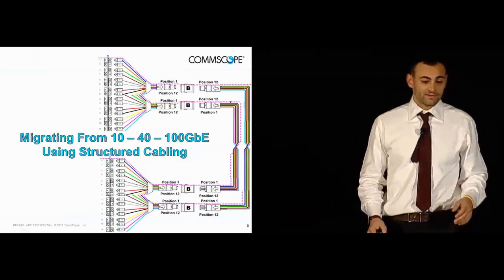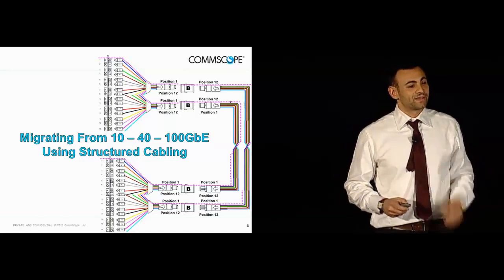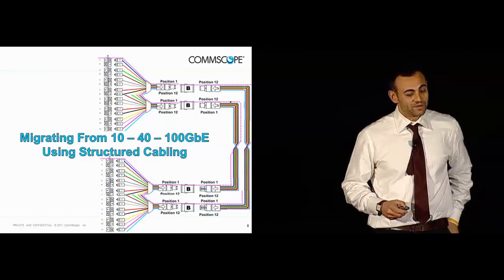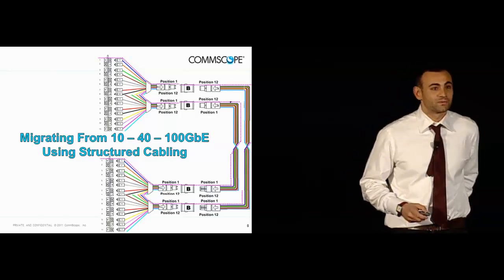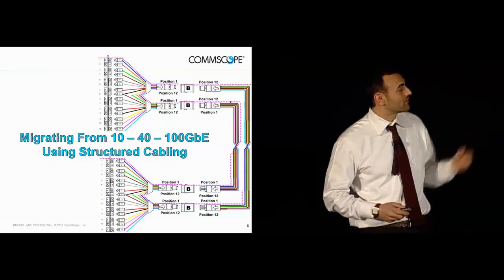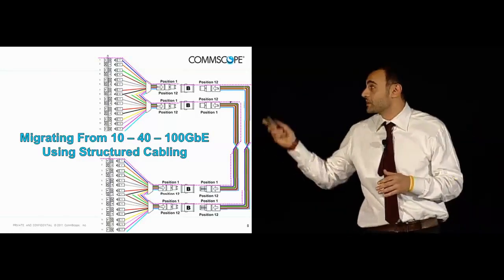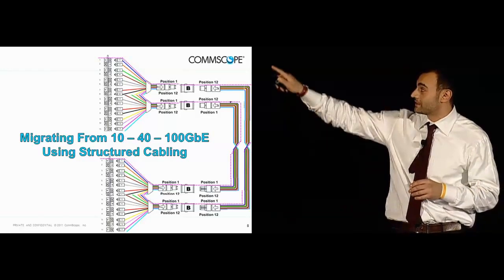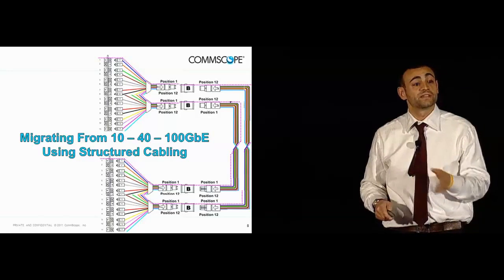So how do we actually migrate? What does it look like from 10 gig to 40 and 100 using structured cabling? As we move from 10 gig to 40 and 100, we're going to notice that the two 12-fiber trunk cables, which are your backbone cables, will stay the same.